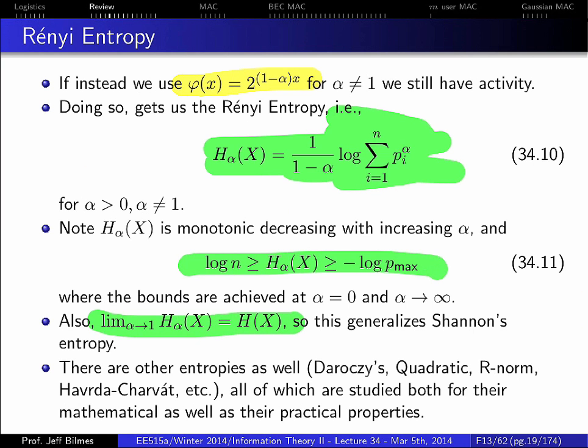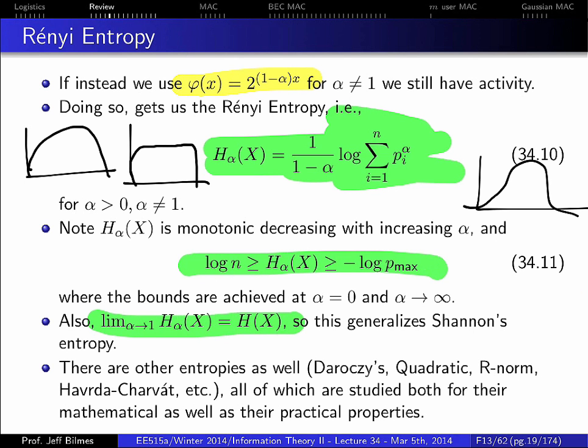And what's interesting is that you can plot this. I would suggest, and this isn't an assignment, but if you're interested in this, go to MATLAB and look at the binary function and plot what the binary entropy looks like for these different values of alpha. As I said last time, the binary entropy function looks like this, not very roundish shaped. These other ones might look a little bit more square, or maybe a little bit thinner at the top.